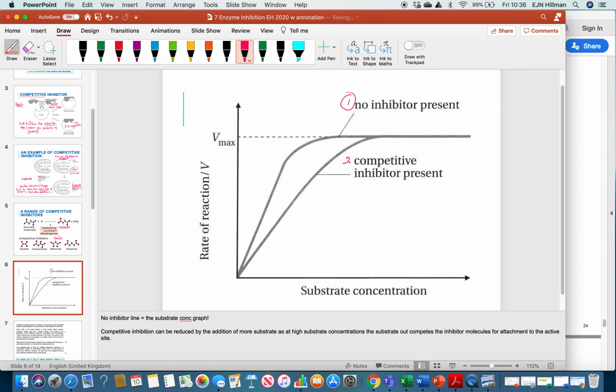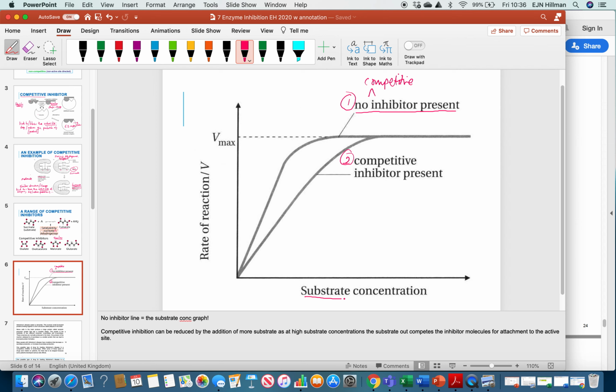In the second reaction, the competitive inhibitor has been added. Now you may notice that this no competitive inhibitor present has the same outcome, same shape of the graph as a normal substrate concentration graph.